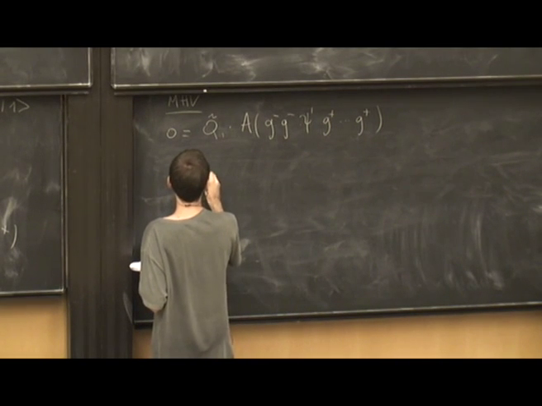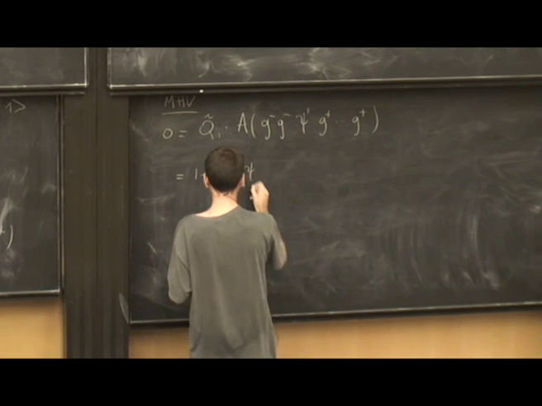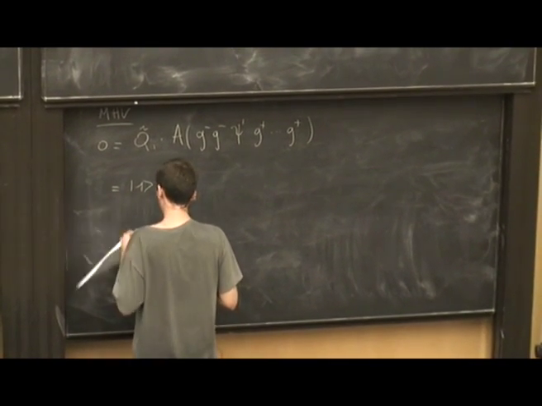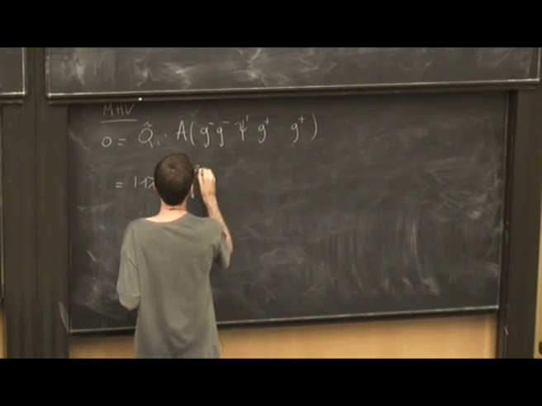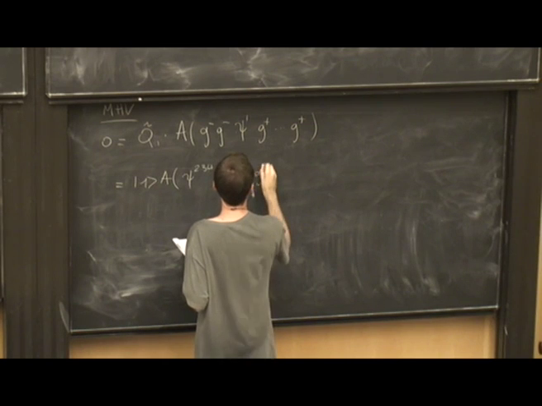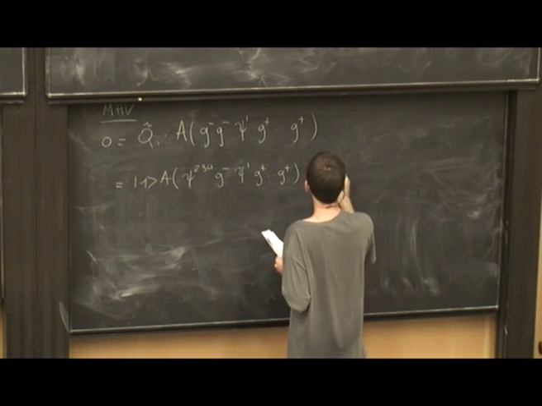And I will find 1, A. So there are 3 terms. Do we have all of them? So this is the same as before. And that is 2.